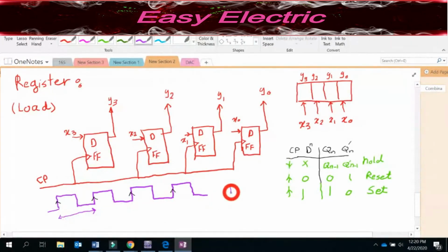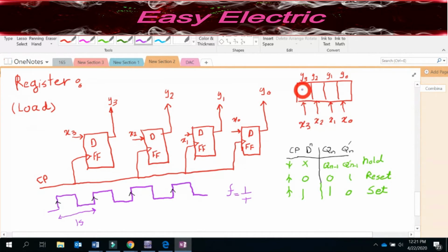You know the relationship between frequency and period, right? 1 over period is frequency. So if here you have 1 second, that means the frequency is 1 over 1, you have 1 hertz. So that means it loads the value, but there is no change, and keeps that until the next rising edge, which is 1 second.